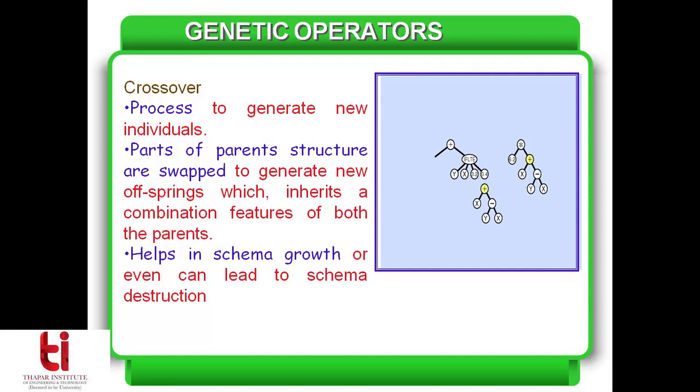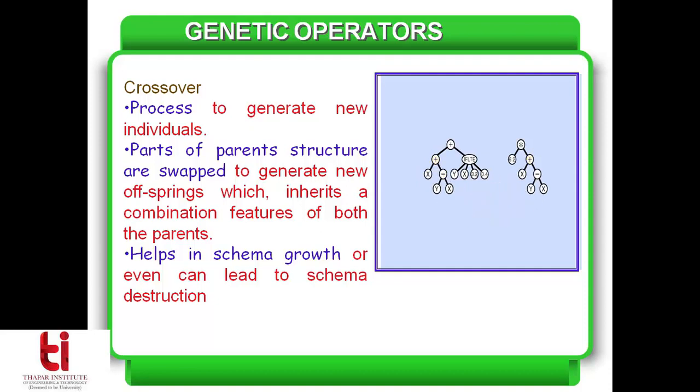In our discussion, these terms would be used off and on, so you should be familiar with that. As you can see in this diagram, the animation shows the two parents. The part comes here, so this is one offspring, and in the other offspring, the part which was removed from here goes and gets attached here, forming the second offspring.